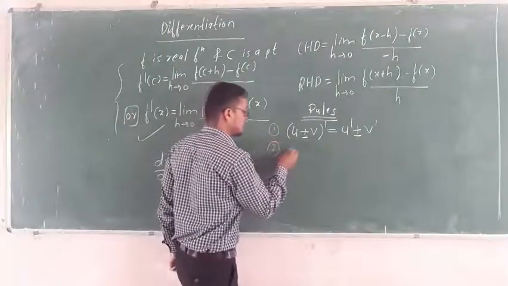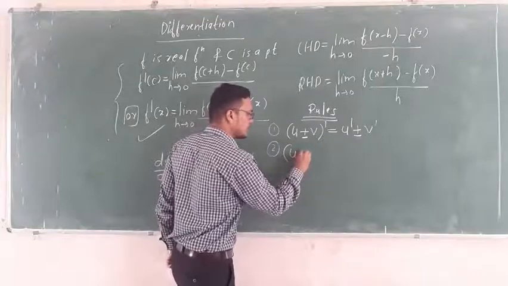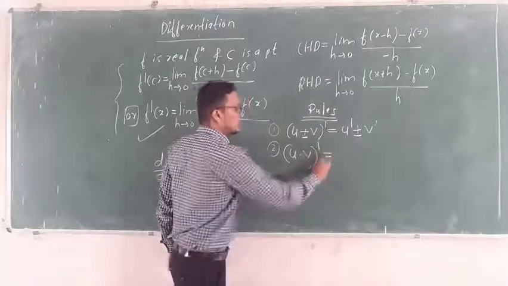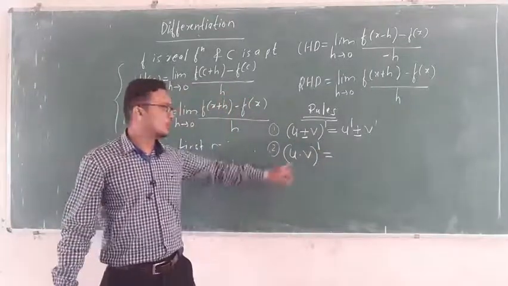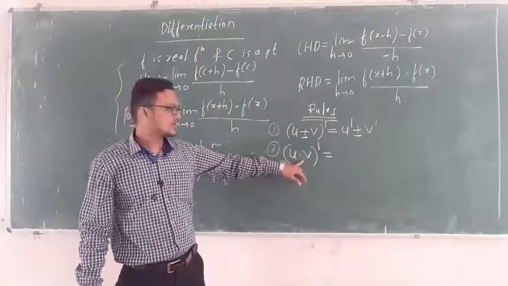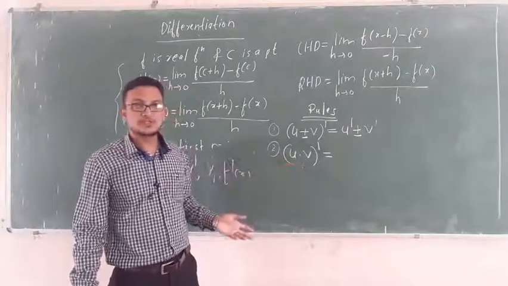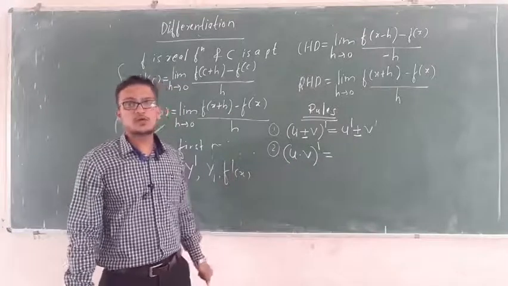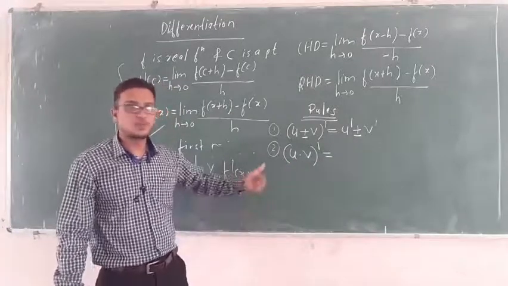The second rule is (u into v) whole dash. This is the product of two functions, so this rule is called the product rule.